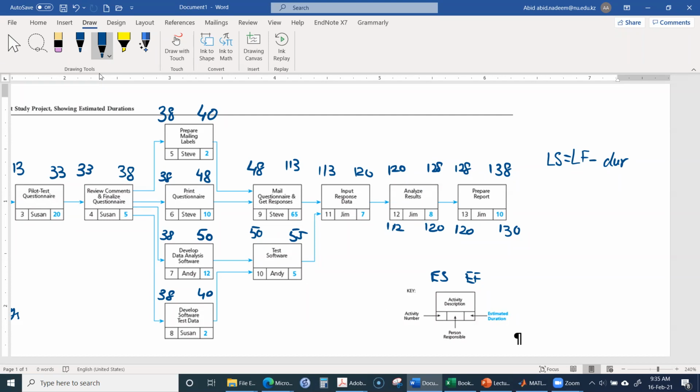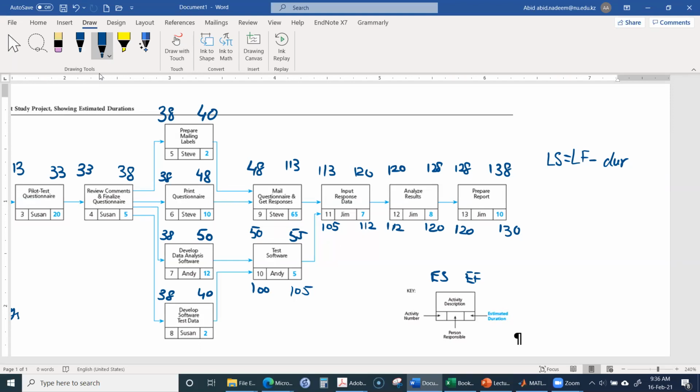Similarly 112 here and 105 here. From 105 it will be 105 here, and it will be 100 here, and from here 105.